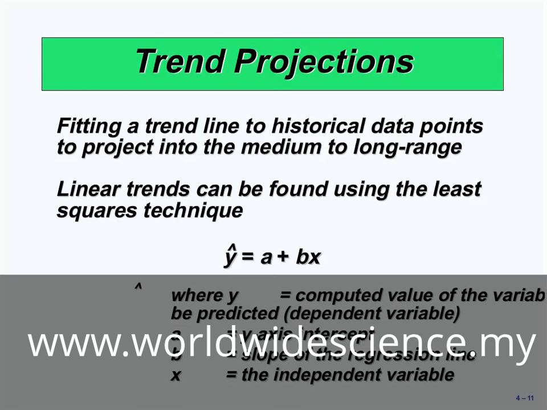We should achieve this formula, so it's enough to calculate A and B only. X and Y are variables, and A and B are constant or fixed numbers.